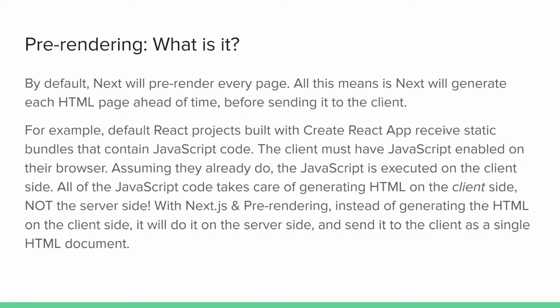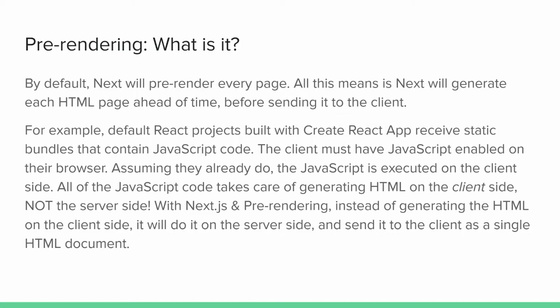Okay, the browser must have JavaScript enabled, and assume that they do. That JavaScript bundle that is received on the client side, right, is going to be executed, and when that JavaScript code is executed, it generates all of the HTML on the client side, and then that is where the UI and all those things like the navigation bar, whatever it is that you're trying to render, that will be taken care of on the client side.